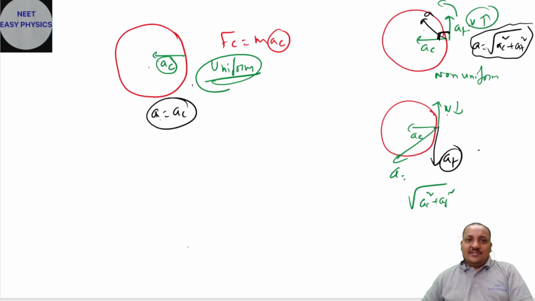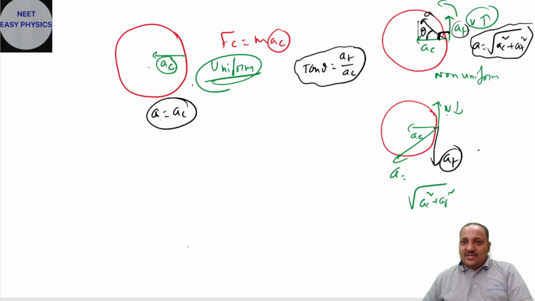But what is the difference? The resultant angle is going to be different. See here, this is going to make angle theta. So from this, tan theta is equal to opposite side by adjacent side. Opposite side means tangential acceleration: tan theta is equal to AT by AC. So theta is the angle with centripetal acceleration. Here also the same.